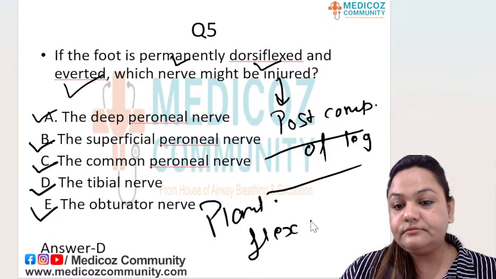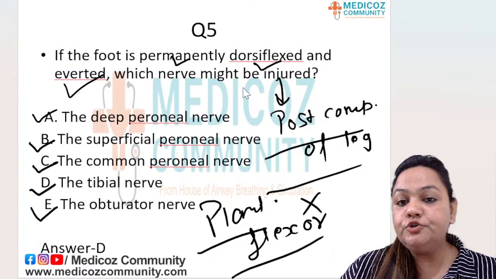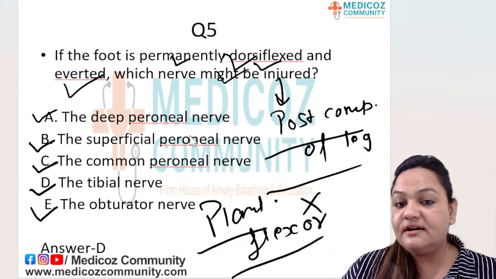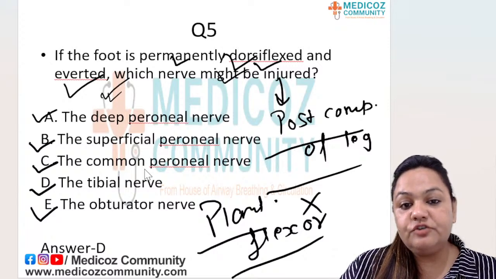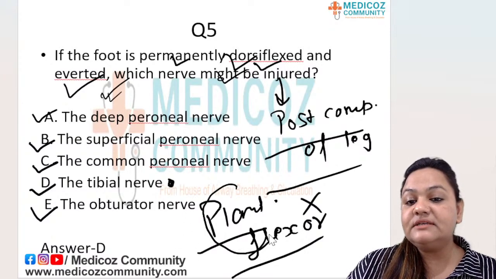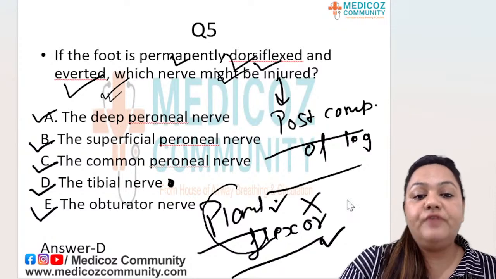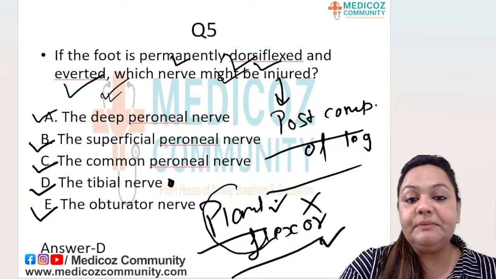When these muscles are paralyzed, due to the unopposed action of the dorsiflexors, your foot will undergo dorsiflexion and eversion. So the right answer is the tibial nerve, because it supplies the muscles causing plantar flexion at your foot.